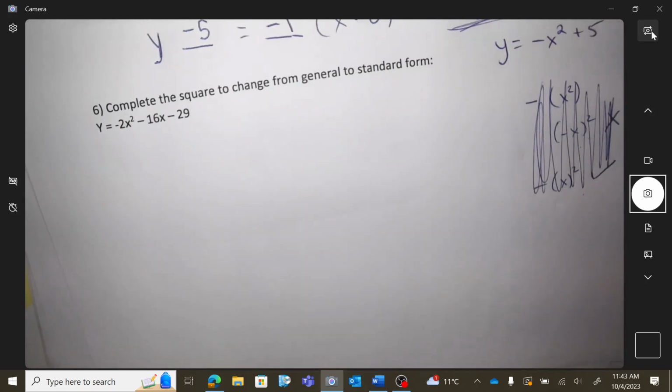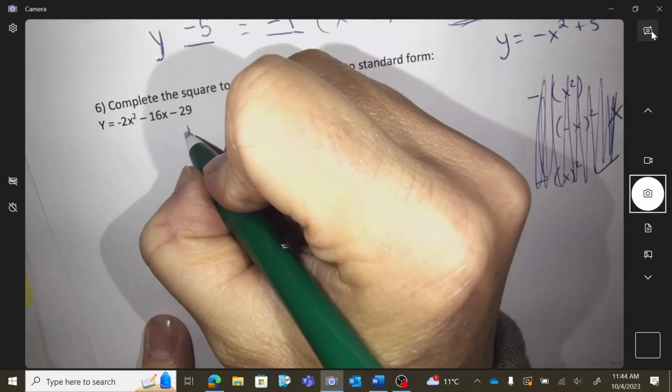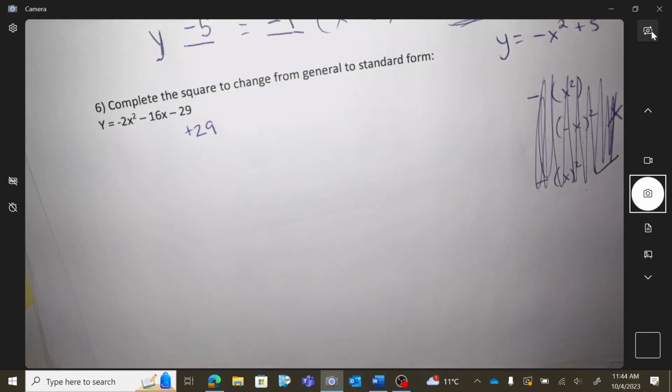Okay, complete the square. As soon as I say complete the square, do you remember your oath? What is your oath to me? You will never ever complete the square until it is a what? Simple trinomial. Is this a simple trinomial? No. Okay, so step 1. Move the number out.